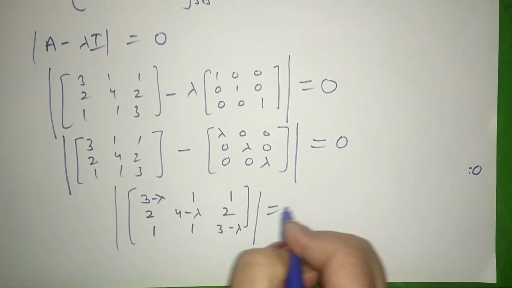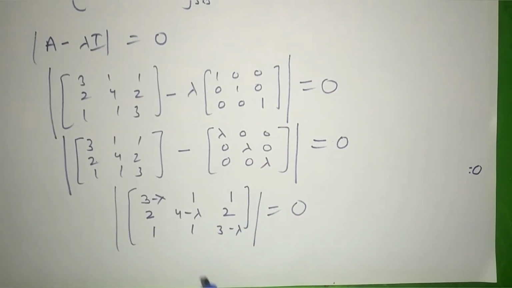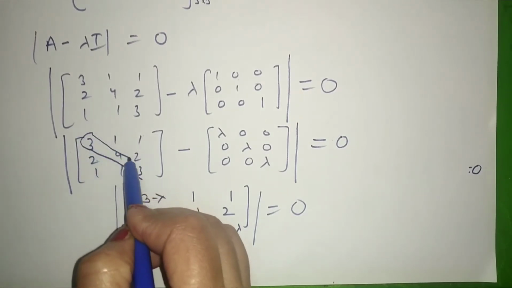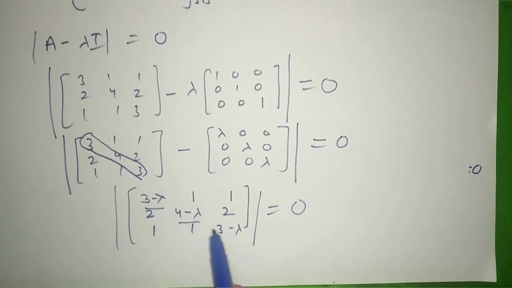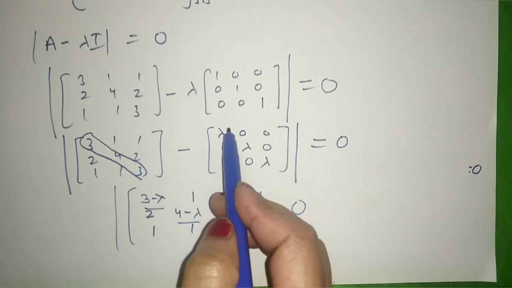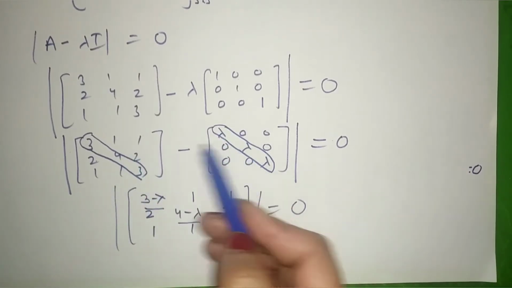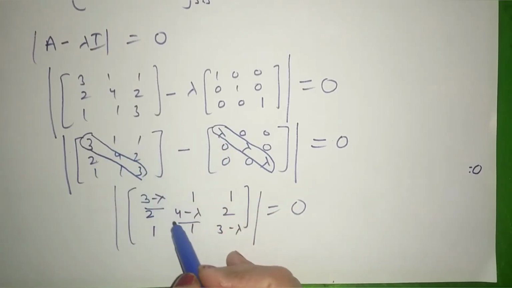Determinant equal to 0. So you can now see that only the diagonal elements have changed here. All the remaining elements are the same. So we have to subtract lambda from the diagonal elements. Rest of the matrix A will remain the same.